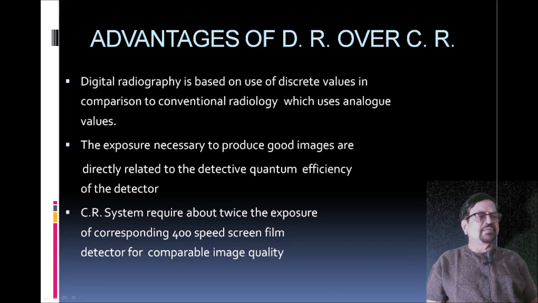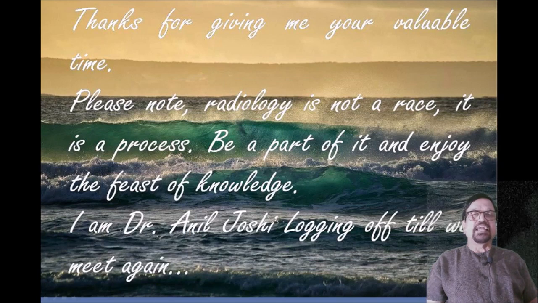The CR system requires about twice the exposure of the corresponding 400 speed screen film. Earlier, film had speeds like 100, 200, 400, with 400 being the high speed screens. So that is a marginal disadvantage, since CR has a lot of other advantages.